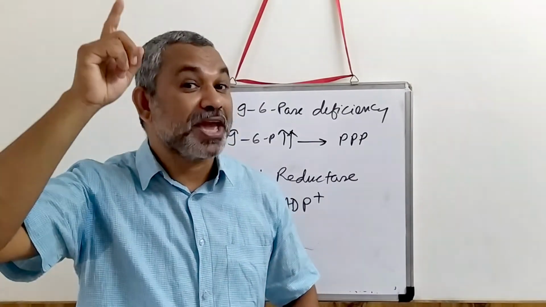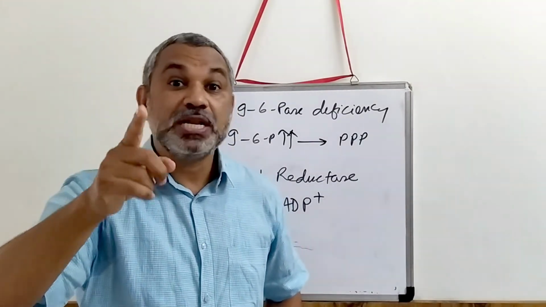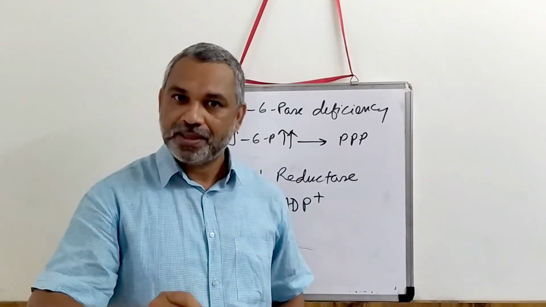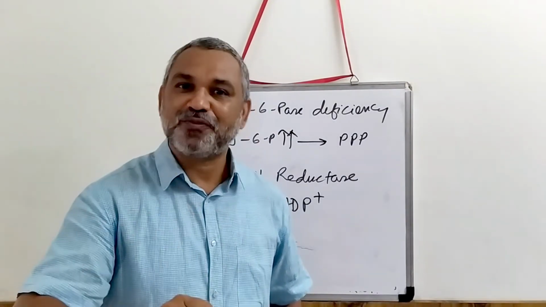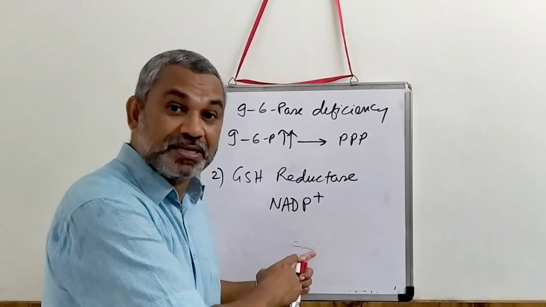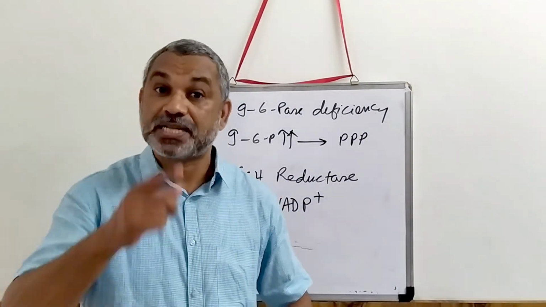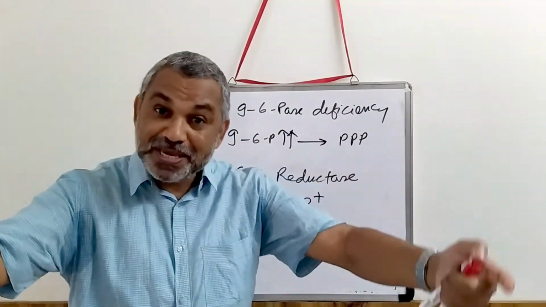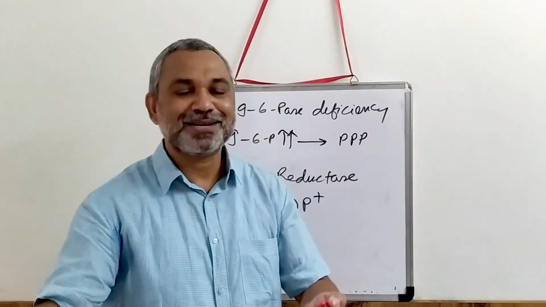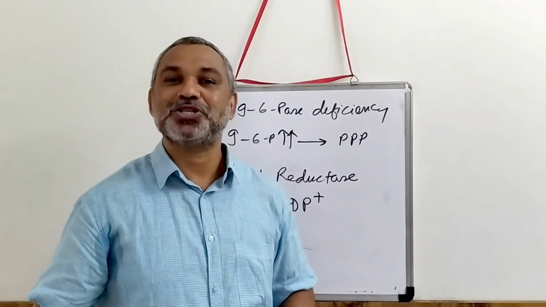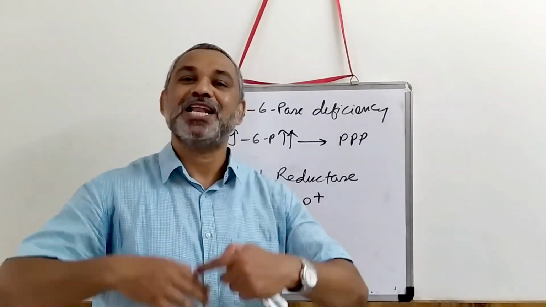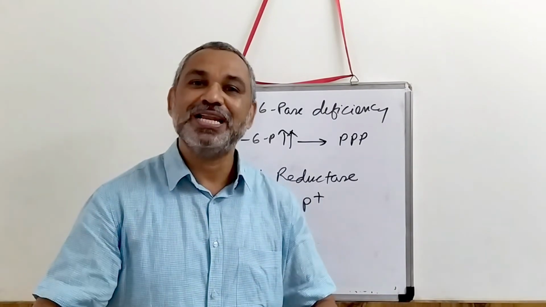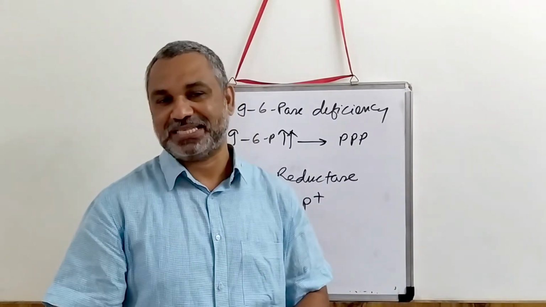Higher NADP+ will stimulate the pentose phosphate pathway, where NADP+ is required in step number 1 and step number 3. So PPP is stimulated, and the net result is increased production of ribose 5-phosphate, which leads to increased nucleic acid synthesis and increased uric acid.